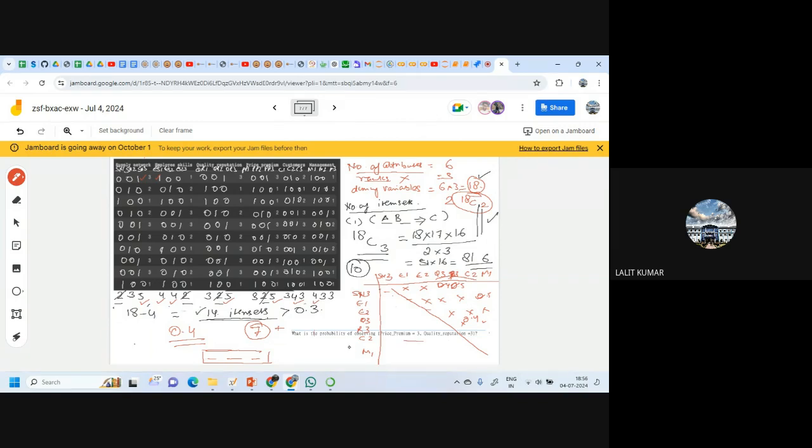Just see where it is 3, 3. Price premium is here 3 and quality reputation is here 3. So how many times is it happening? 3 3, 3 3, 3 3 and 3 3. So 4 by 10. The answer is straight away 0.4. Clear?